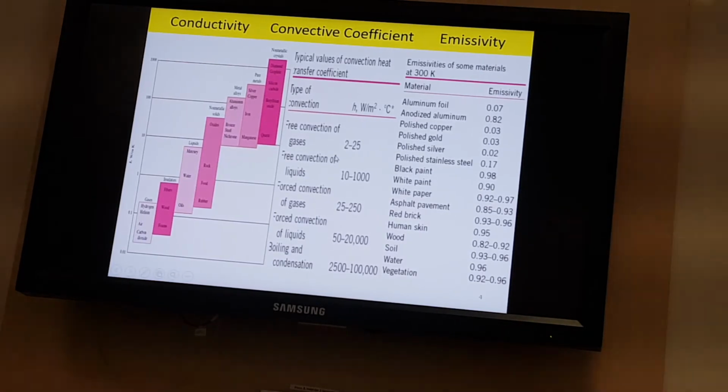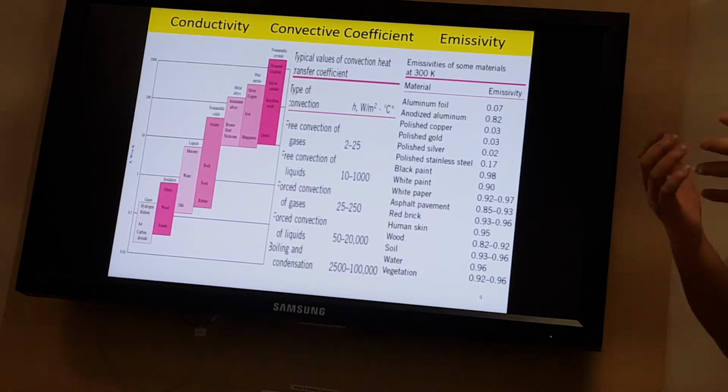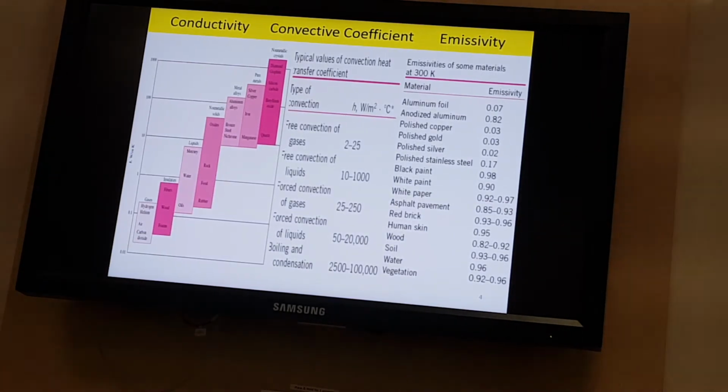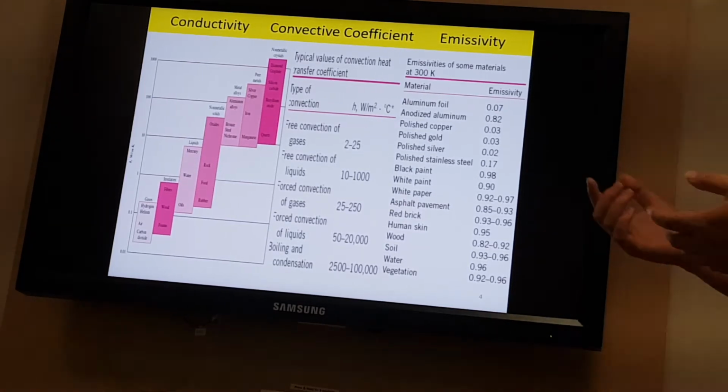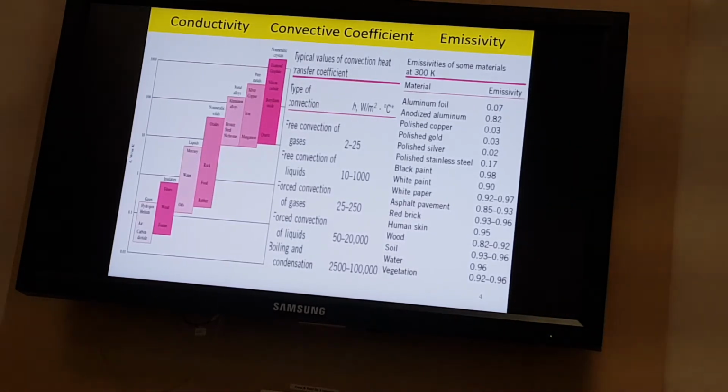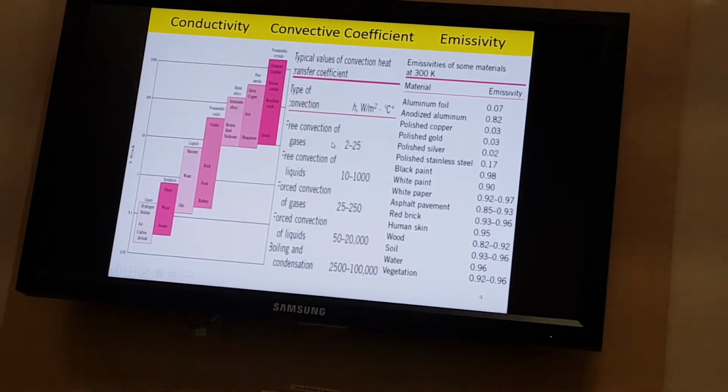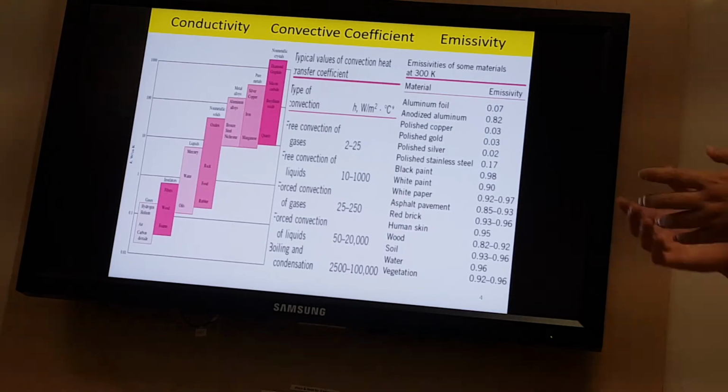Just for a very simple example, let's say you are solving an equation that asks you to calculate the heat transfer coefficient, the h value, for air. If you solve it and get that h of air is over 100, that is a wrong answer, right? You know for free convection it is normally from 2 to 25. So if you get 100 for the heat transfer coefficient in air, that is a wrong answer.